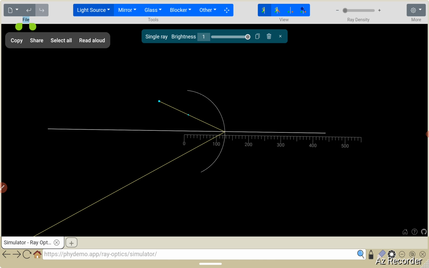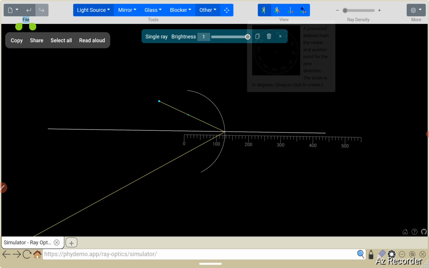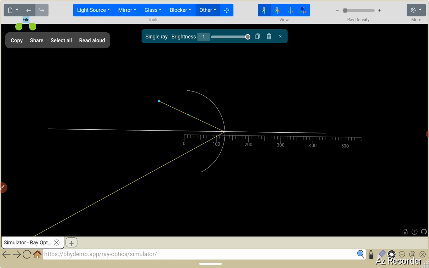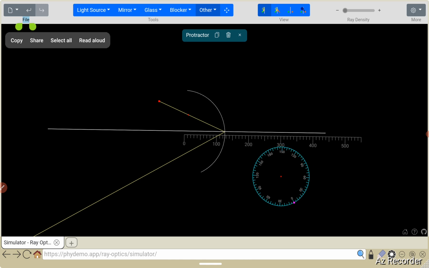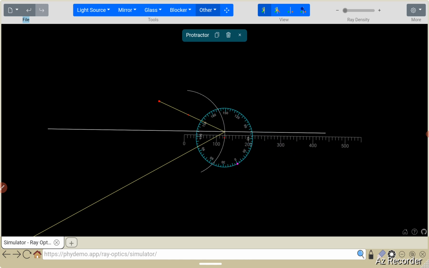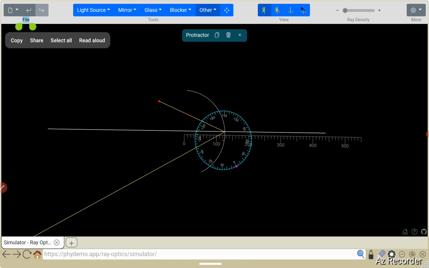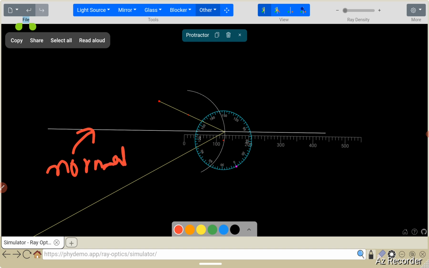Now if you just take the protractor, how we have seen in plane mirror, the same way we have to observe. See here, this principal axis itself will act as normal, correct? This is normal now because this is the line which we have passing through center. Now measure and check the angles.